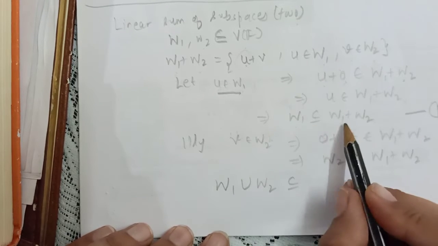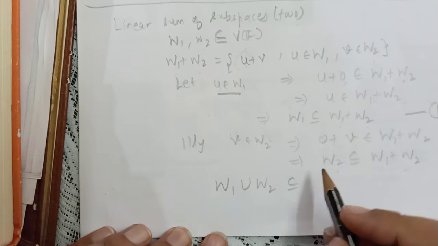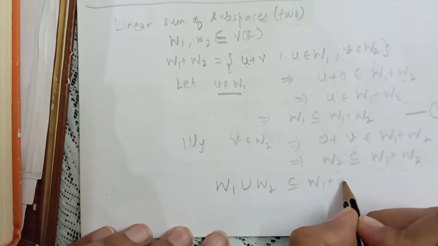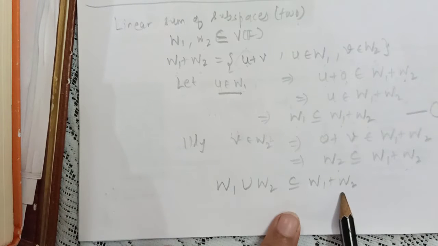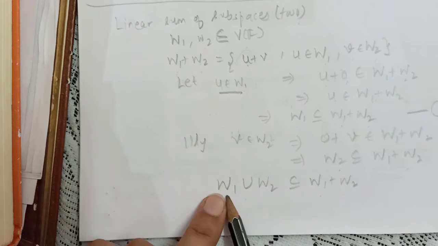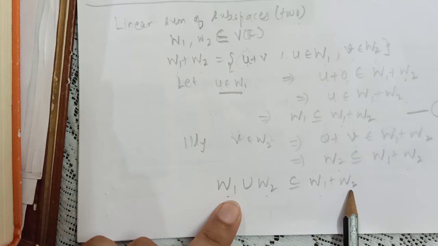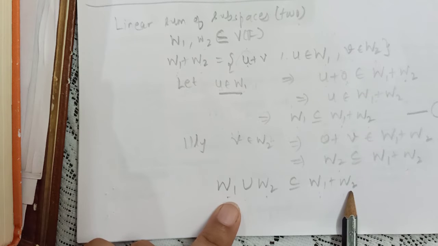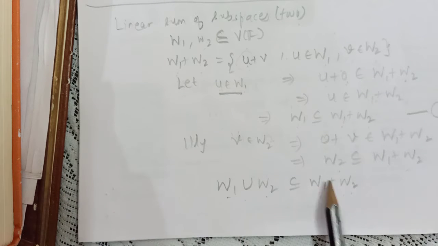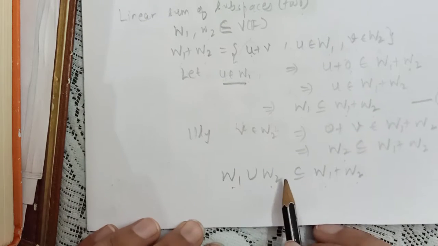Since W1 is contained in W1 plus W2, and W2 is contained in this, their union will obviously be in W1 plus W2. This means the union of subspaces is in W1 plus W2. But from here it is not obvious that the converse is also true. We can try to prove it. Let us see.